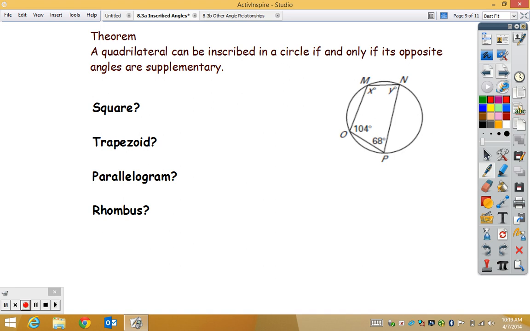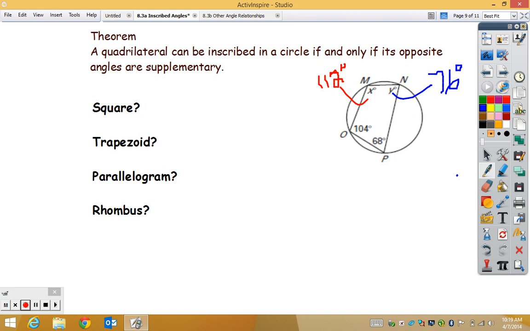And that would make angle X 112 degrees. And make angle Y 180 minus 104. Make angle Y 76 degrees.